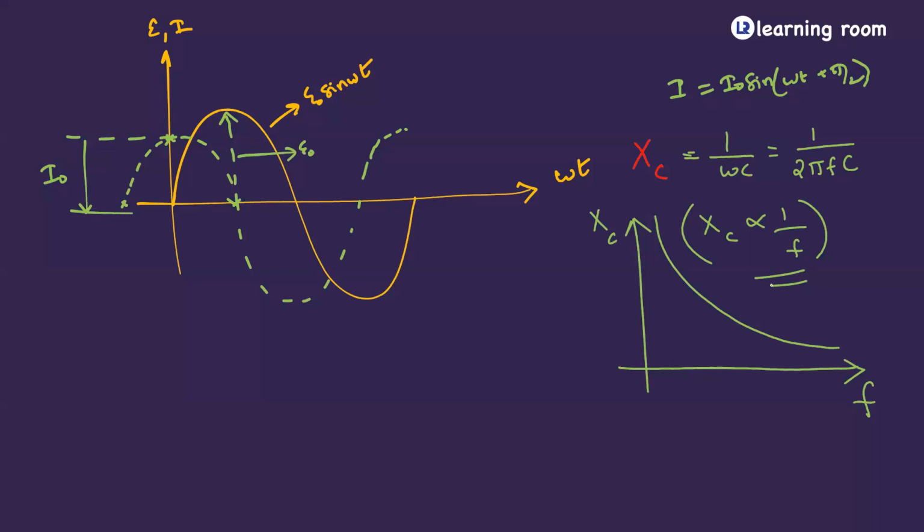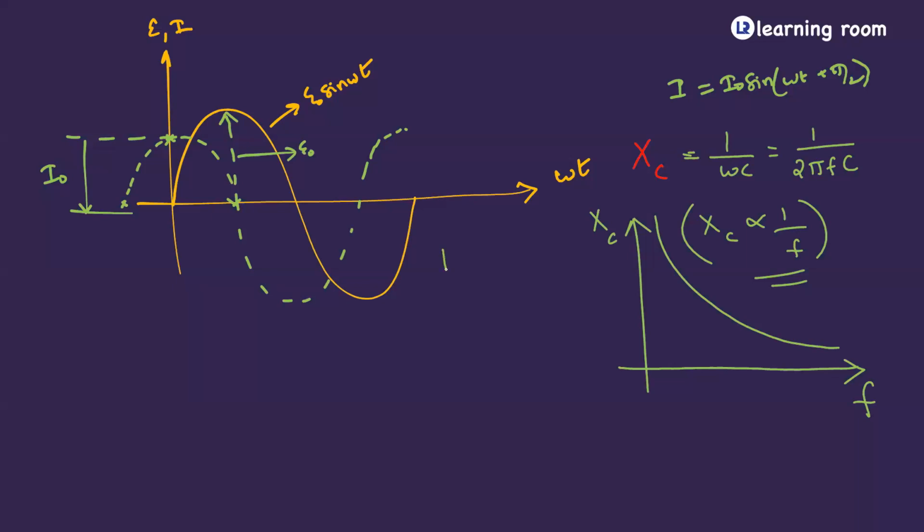The second important question is, will a capacitor exhibit this property for direct current? Meaning, what would be the reactance of a capacitor when direct current is allowed to flow through it?